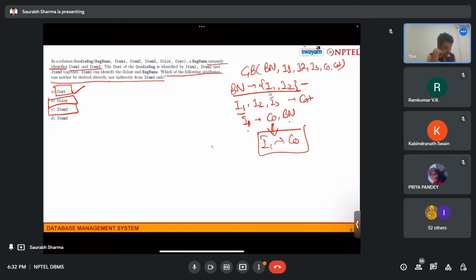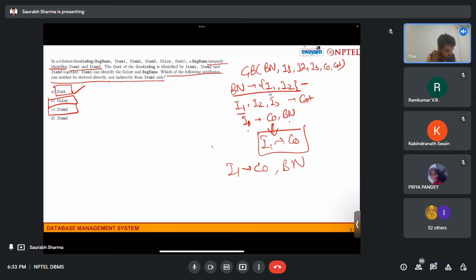If we see from here, I1 derives color and Bn, from item 1.